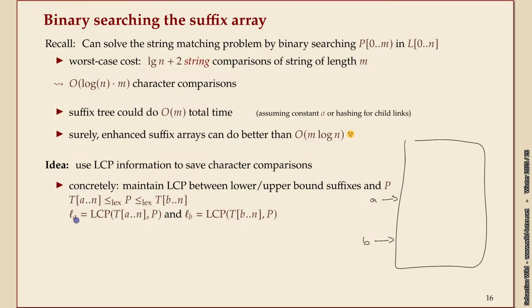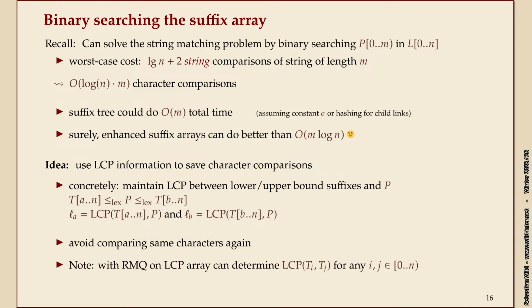And we remember the number of characters in the longest common prefix of the suffix starting at A and P, and similarly for B. And that's what we'll maintain also when we keep going in the binary search. The goal will be to avoid doing the same character comparisons again.